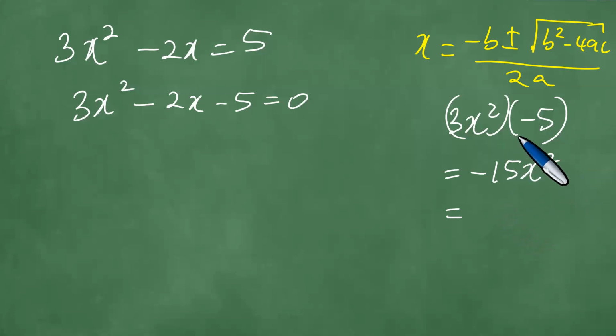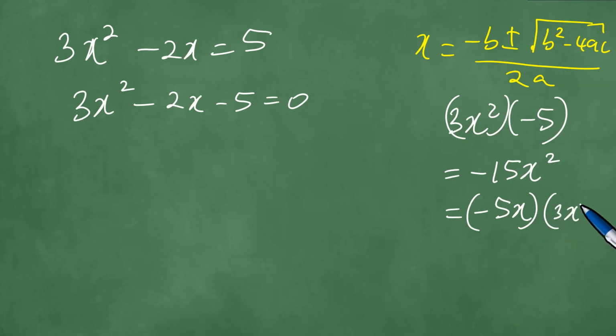In fact, there's no need because these are just so obvious. So the numbers are minus 5x and 3x, because minus 5 times 3 is minus 15.